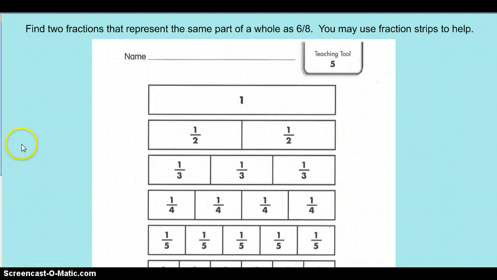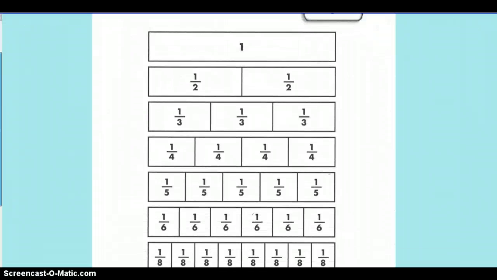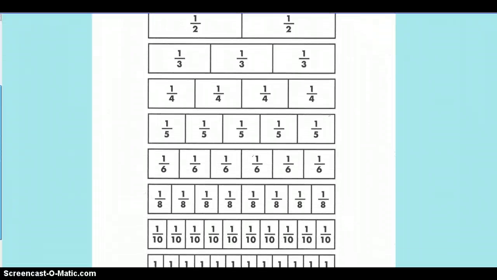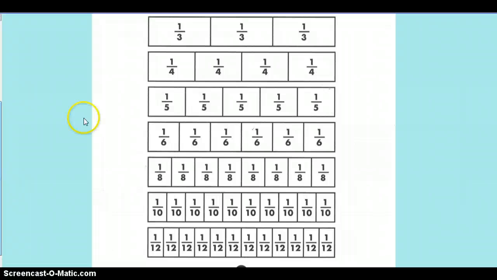Now you try. Find two fractions that represent the same part of a whole as 6/8. Do just what I did. You may use fraction strips to help. Let's see what I got. For 6/8.